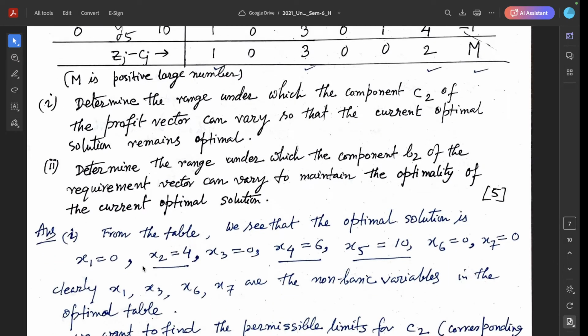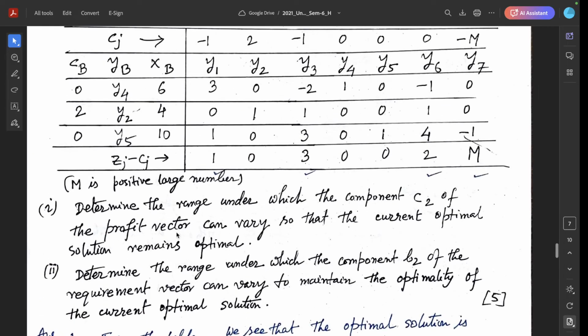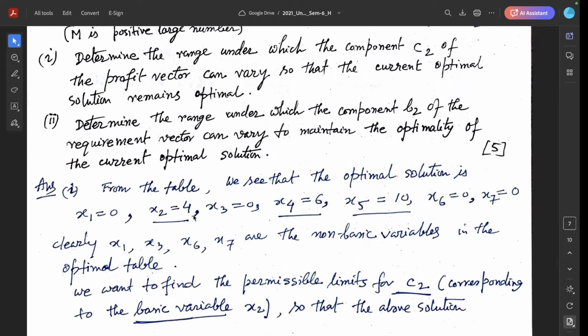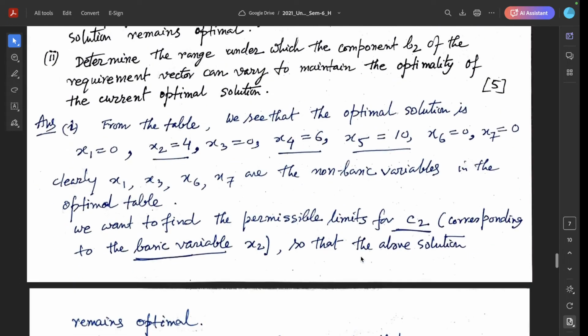Here x4, x2 and x5 are basic variables in the final table, so x1, x3, x6, x7 are non-basic variables in the optimal table.